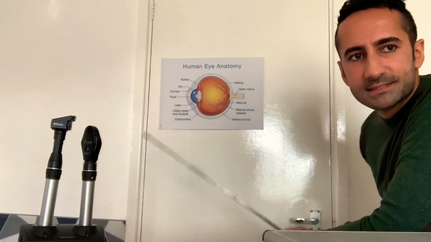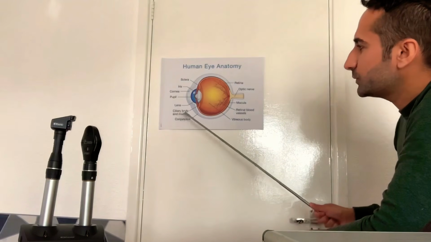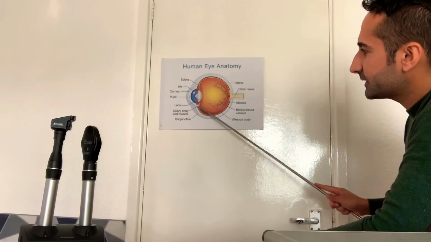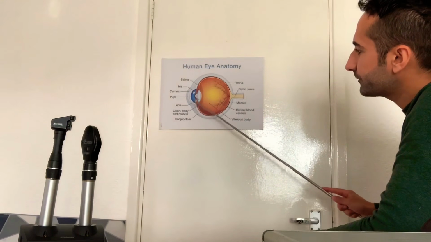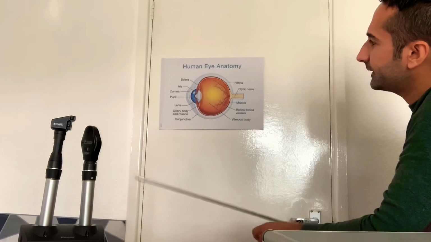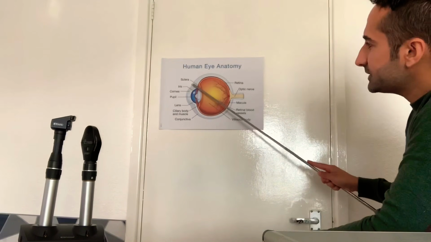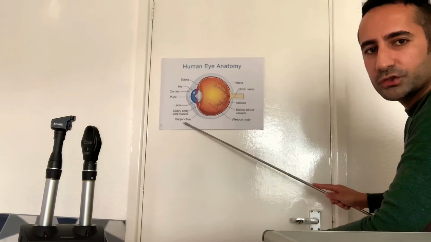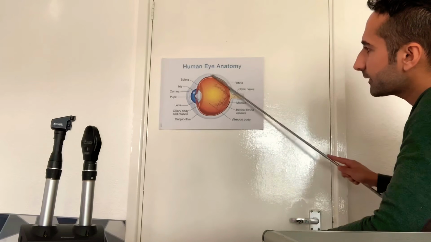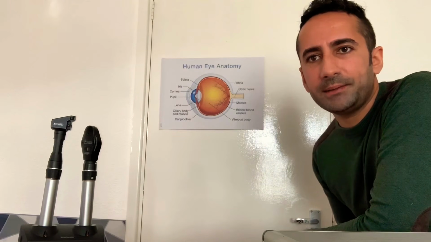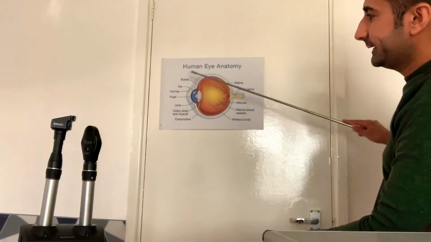It contains aqueous humour, which is produced by the ciliary body. The sclera itself is covered by the conjunctiva, a very thin membrane.